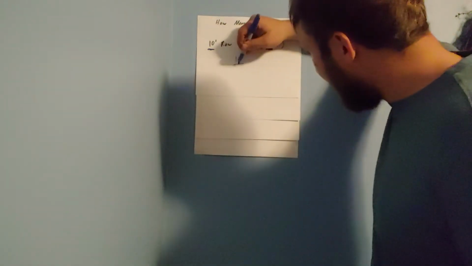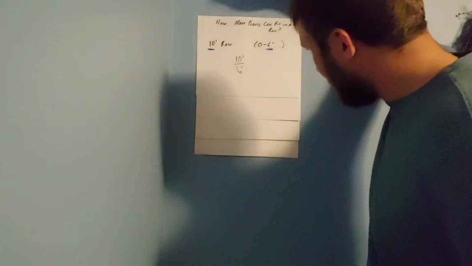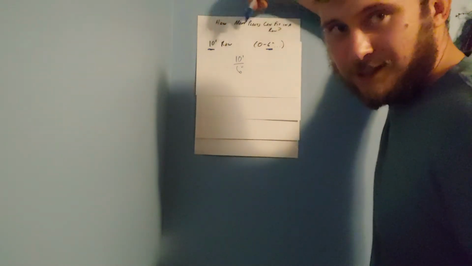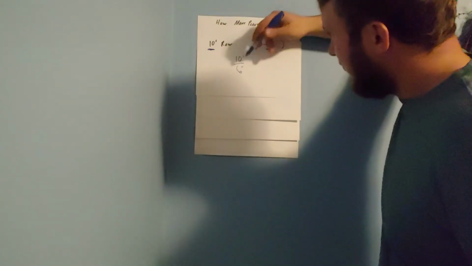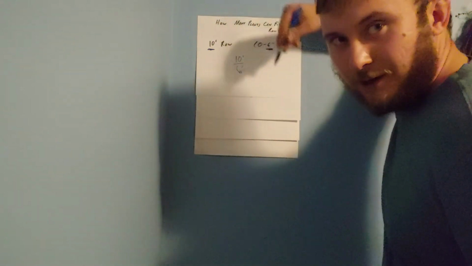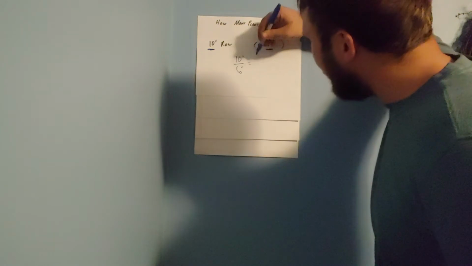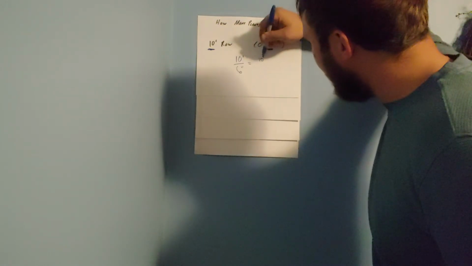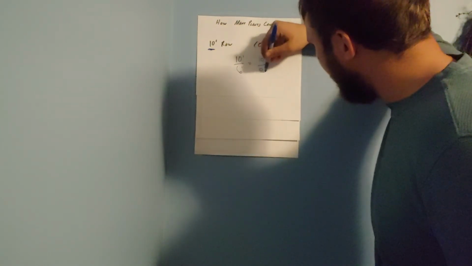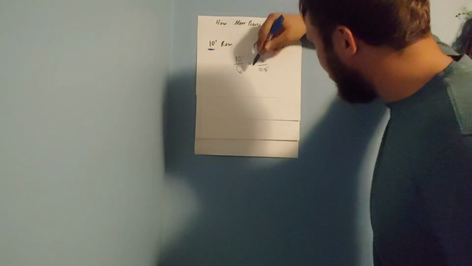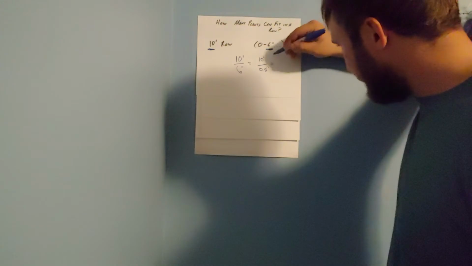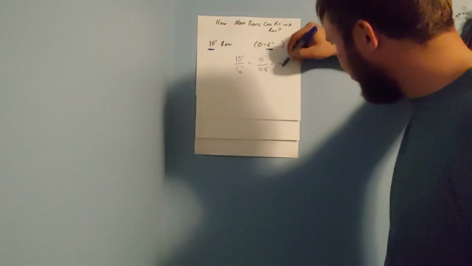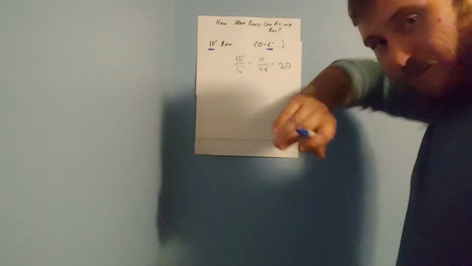Then you divide that by the sequence interval, which is 6 inches. Sorry, I know that 6 is a really funky looking 6. And if you're not good at math at all, you can convert this to 10 foot over 0.5 foot, because 6 inches is half of a foot, which would be 20.